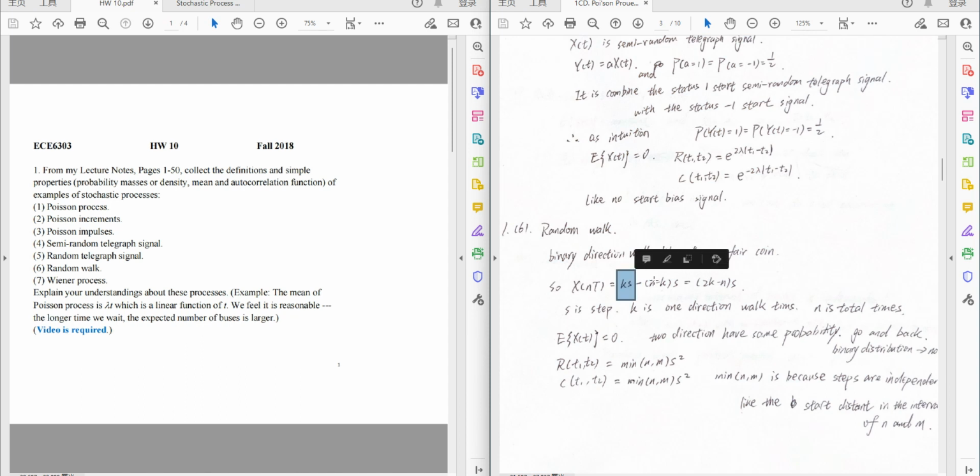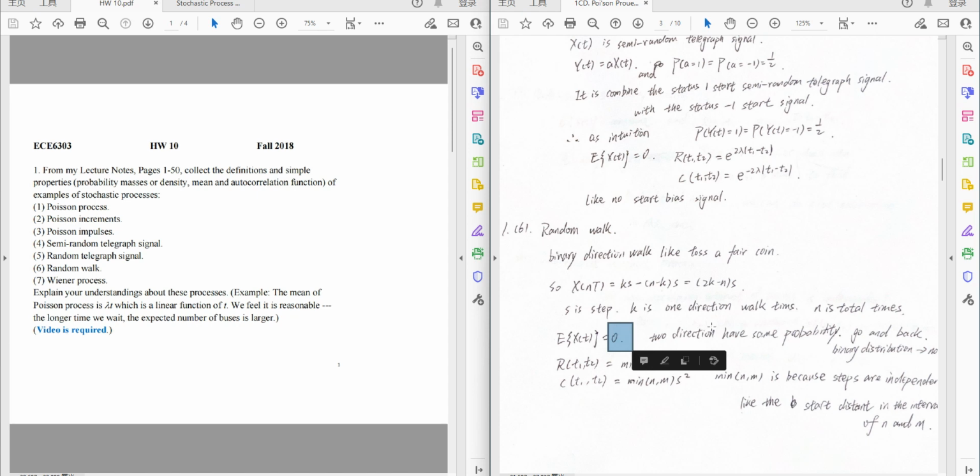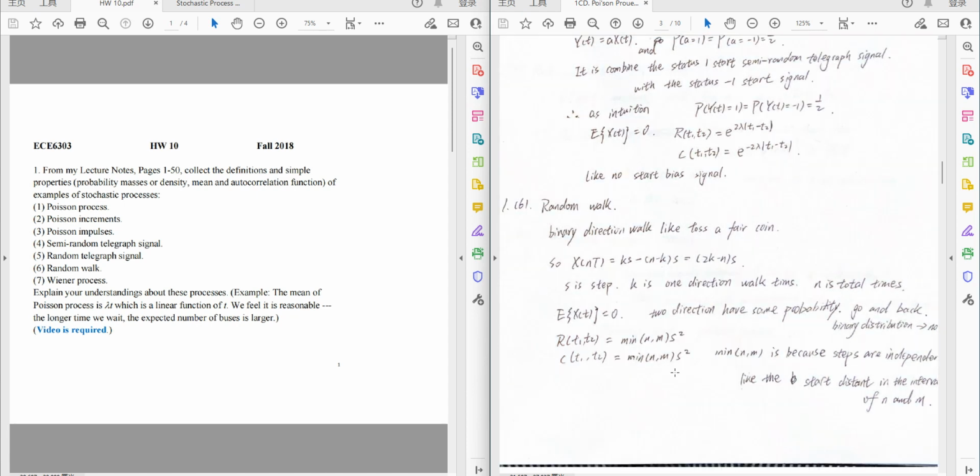It's positive steps minus negative steps as the final distance. And we can also get that the expectation is zero, right? It's just like the binary distribution coming to normal distribution. The mean is zero. The R and C are really the same as the previous one; it just needs overlapping parts.